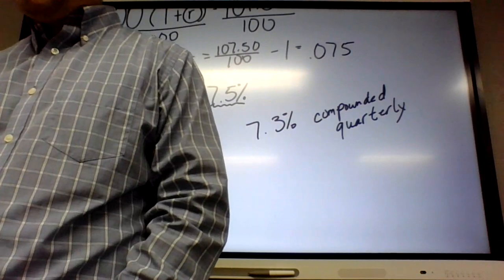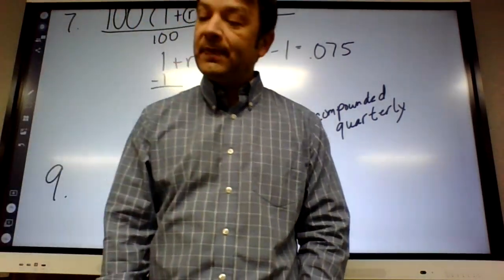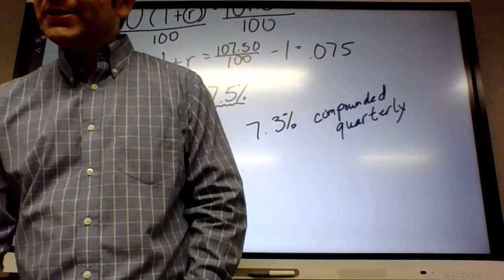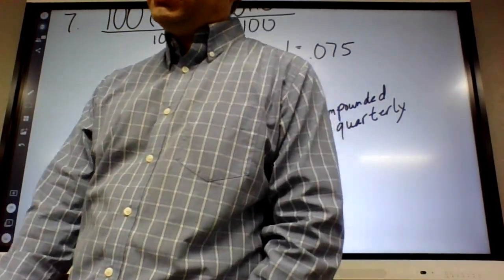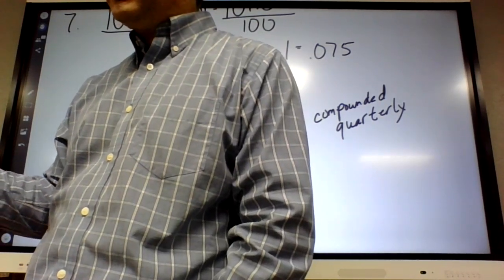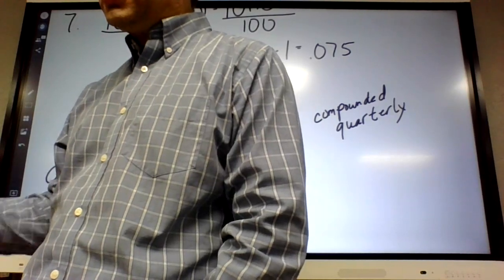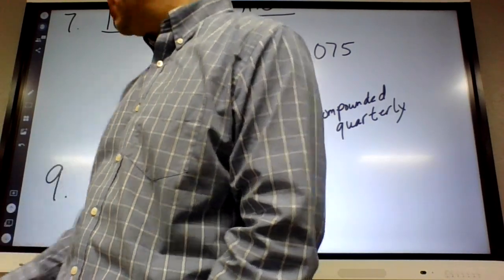Okay, number 9, with which plan would an investor earn more, plan A or plan B? So plan A, 6% annual rate. So annual rate just means you're getting paid once per year. That's the same thing as simple interest. Compounded annually, that's just simple interest over a 10-year period.